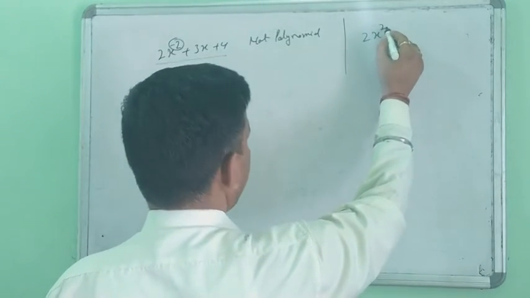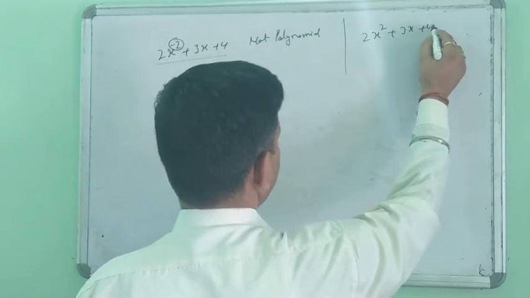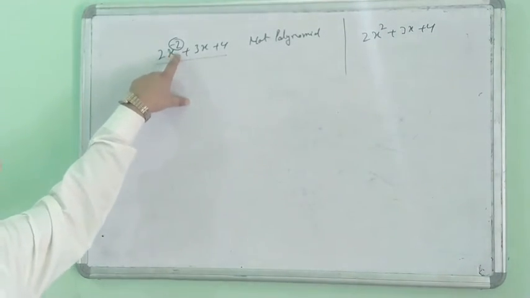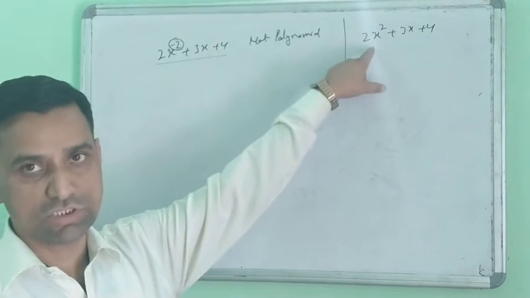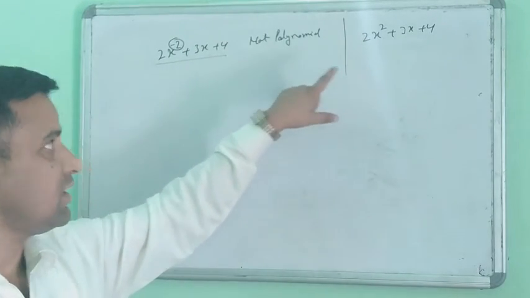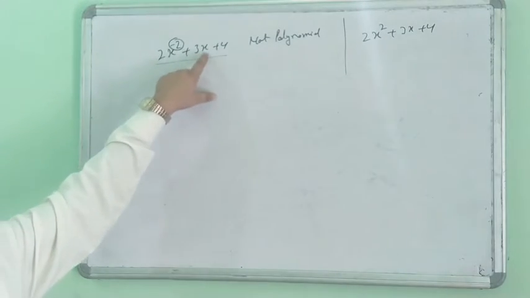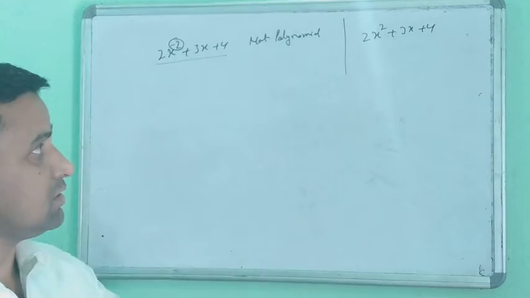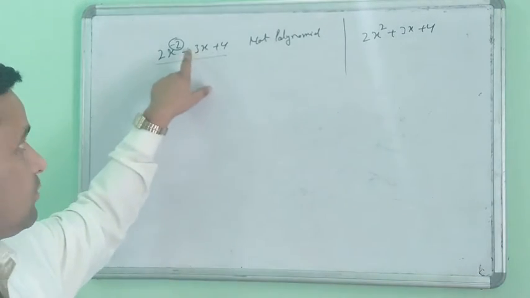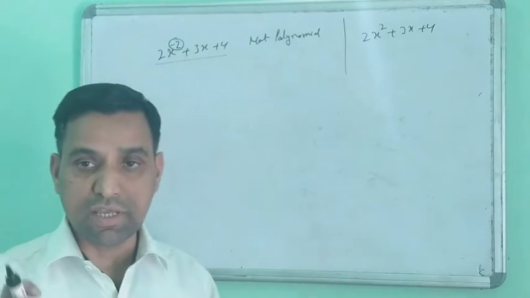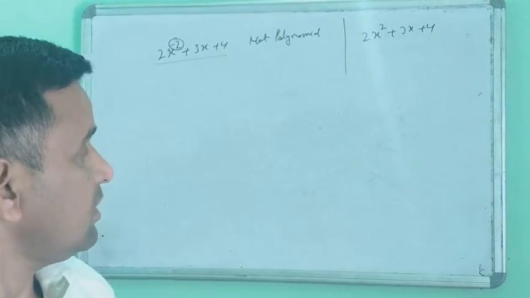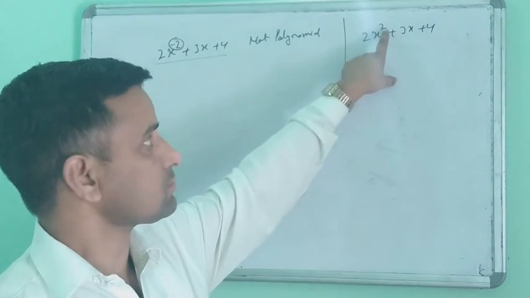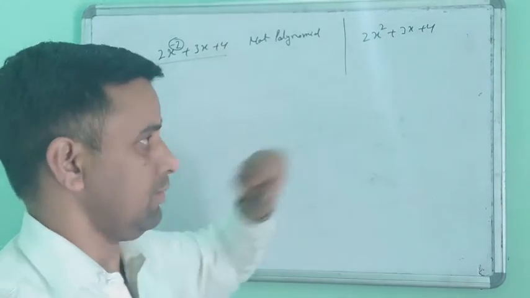The exponent of every variable will always be in positive form. Rule number one: suppose any exponent of the variables, not a constant number. This rule is not applied to a constant number. This rule applies only to variables. Suppose any variable has a negative integer exponent, then it will not be a polynomial. Means the exponent of any variable will be positive.